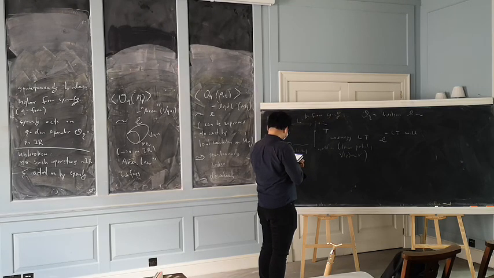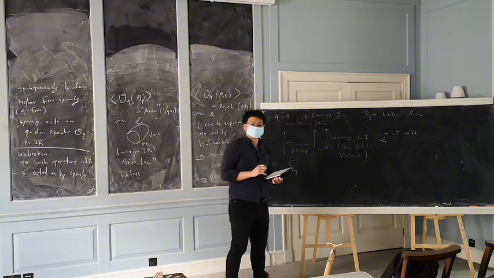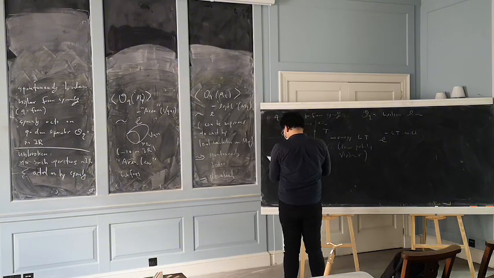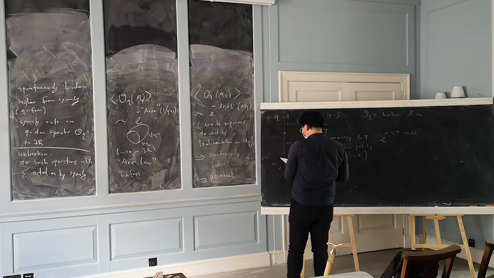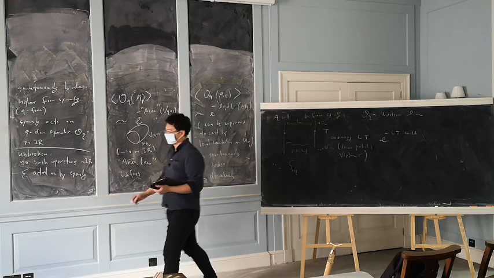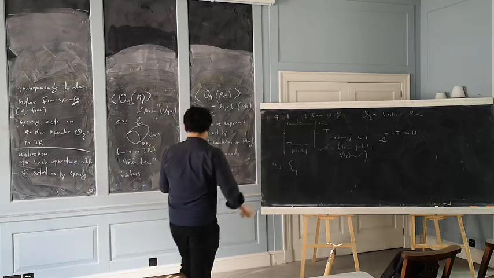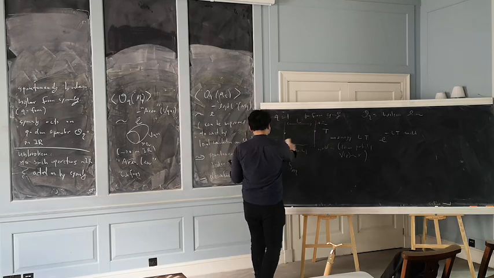Well, before I go to an example, are there any questions about the definition? Okay. So let me just go to some examples. So let me discuss a simple U(1) gauge theory. Okay, I'm going to erase this.